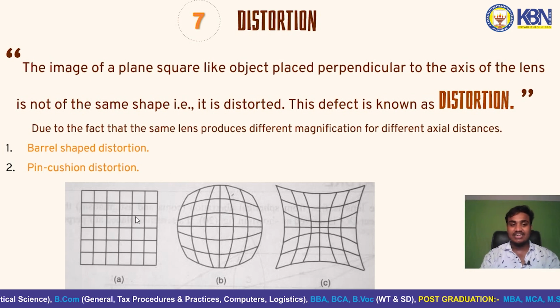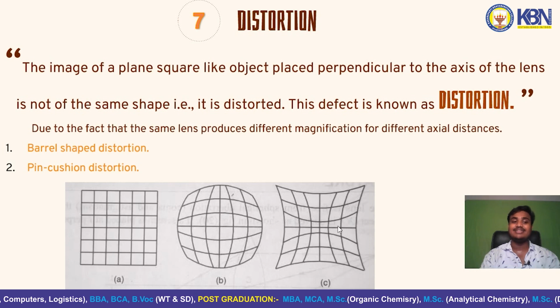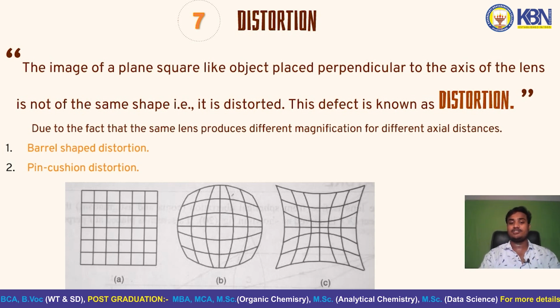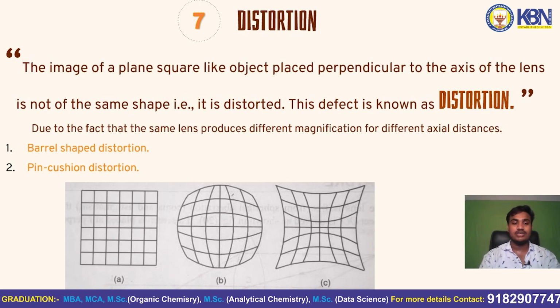If the image formed due to this aberration is in this other shape, then this distortion is called pin-cushion distortion. These are the differences between barrel-shaped distortion and pin-cushion distortion.